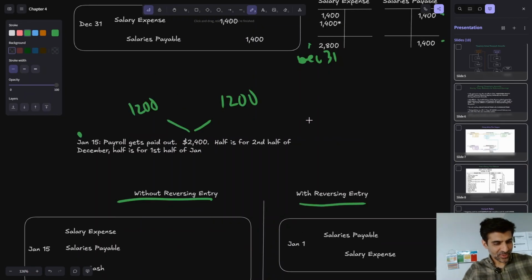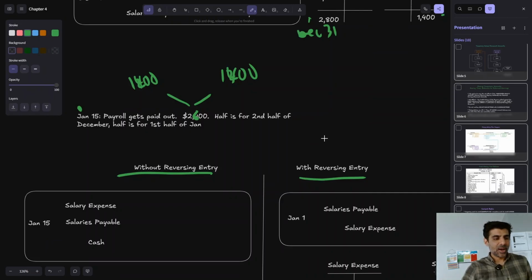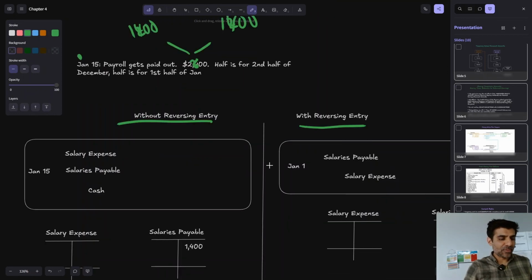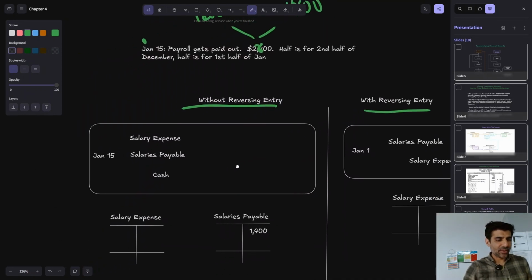So this should be 2,800. Sorry, I got to change that. So without the reversing entry, we're going to have this situation here. And I think we kind of saw it, where half of it will be an expense. And again, this is January of the next year, so half of it will be an expense for that period.